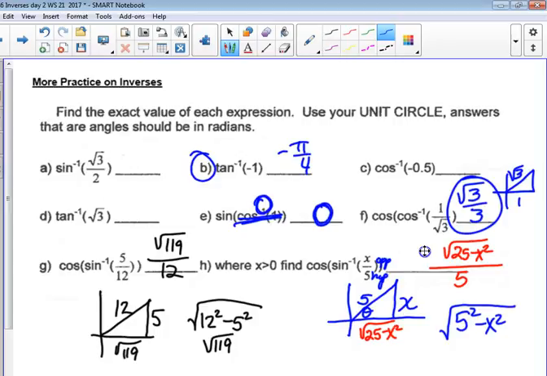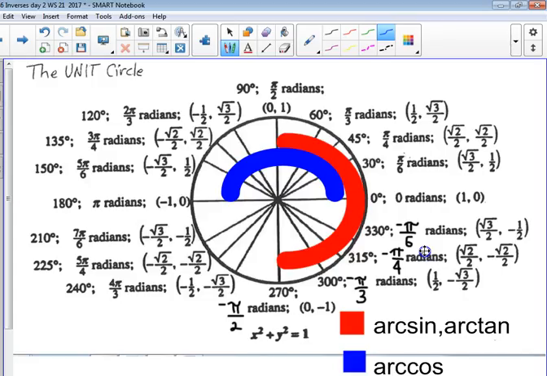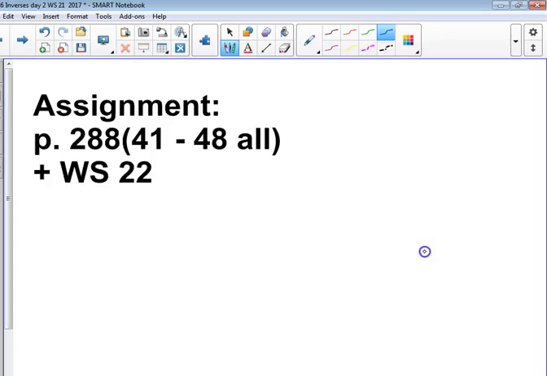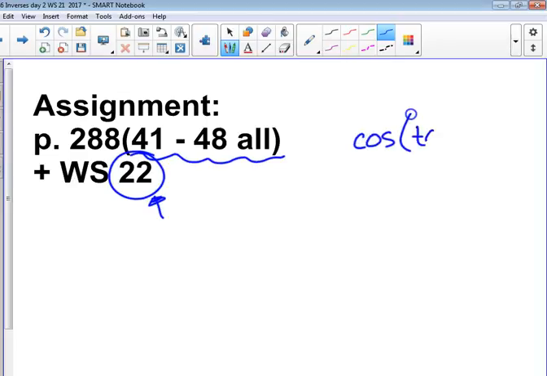All right. Can you finish the rest on your own? I didn't leave very many. So worksheet 22, there are some that tell you to answer in degrees. So if you have questions on those, let me know. These 8 questions that you need to add to page 288 that was already assigned, okay, are all of those kinds where it says find the cosine of the tangent of x.